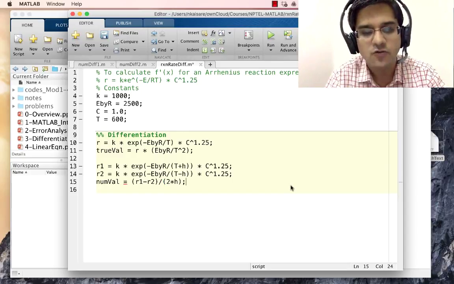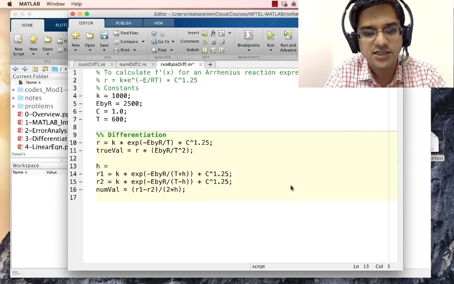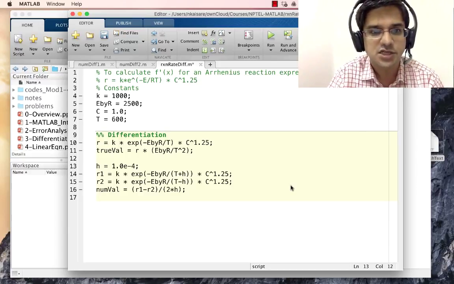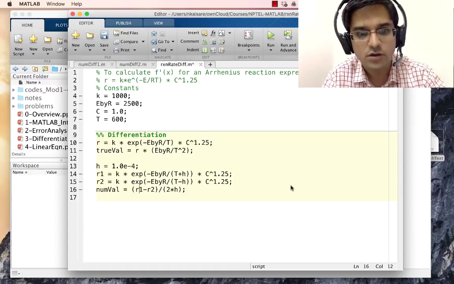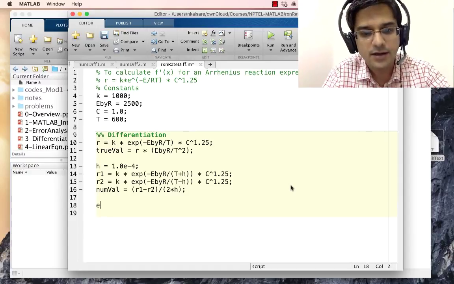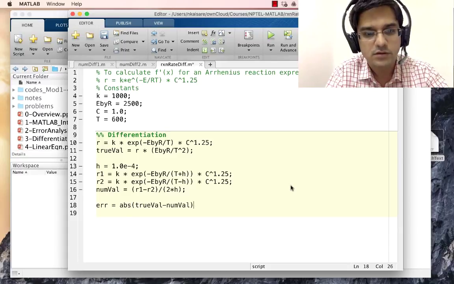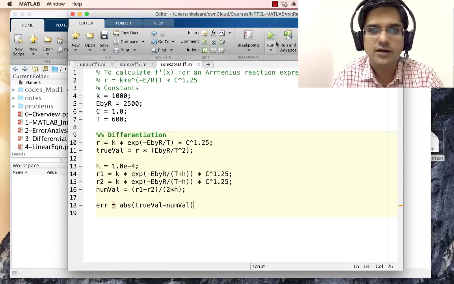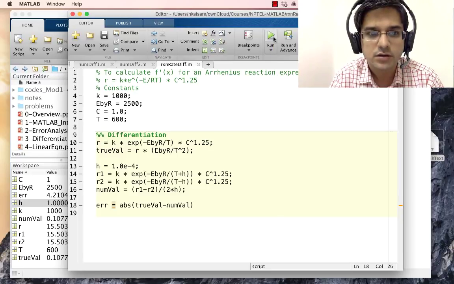Now the question is, what is the value of H that we need to take? Let's just take H equal to 1 multiplied by 10 to the power minus 4, as we have been doing before. And error is going to be equal to ABS true val minus num val. Let's save and run this problem, and we hope that there is no error.